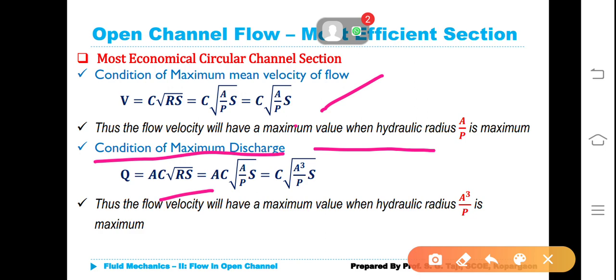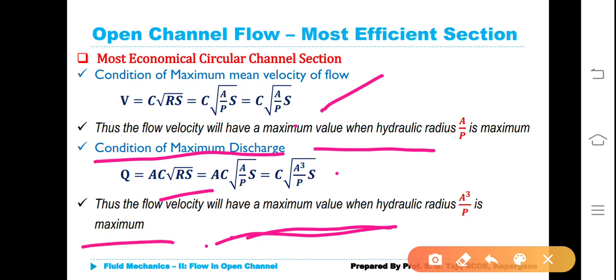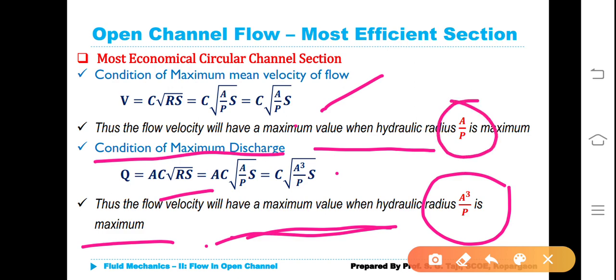Therefore, this can be written as C multiplied by under the root A cube by P multiplied by S. Thus, the discharge will have a maximum value when A cube by P is maximum. Here it is A by P, here it is A cube by P is maximum.